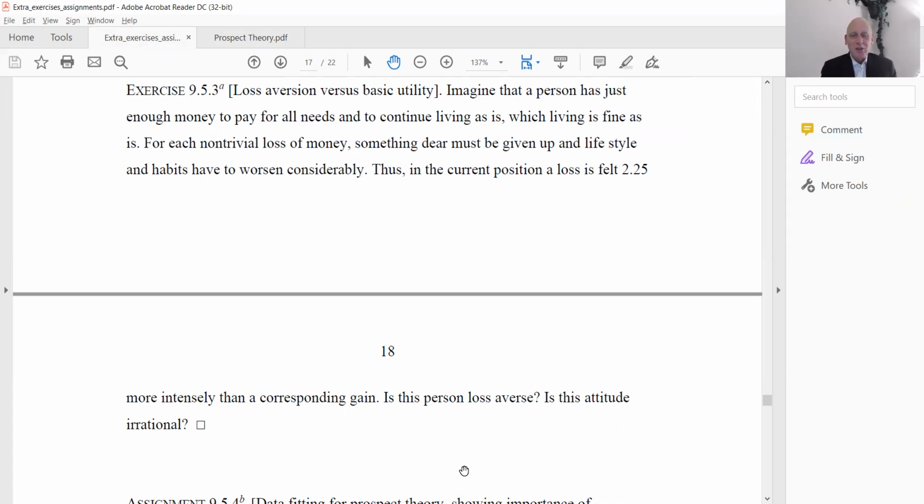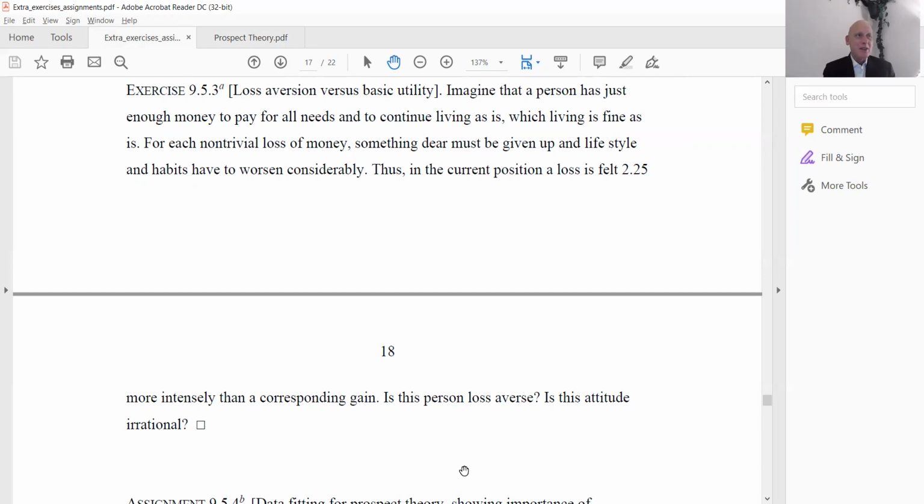And loss aversion I use only for those effects that result from framing, because people happen to take a reference point and consider some things to be losses, and then many people overweight the loss outcome for no good reason. That irrational framing effect, that I call loss aversion. I distinguish basic utility as real utility, and loss aversion is only that, maybe irrational, framing effect.